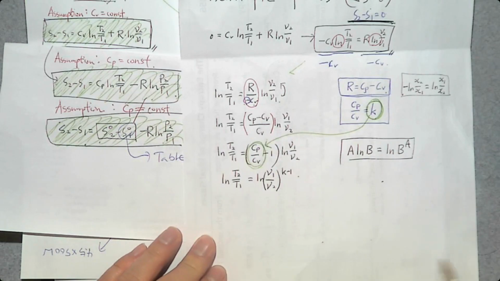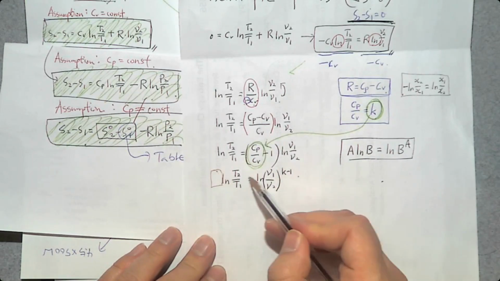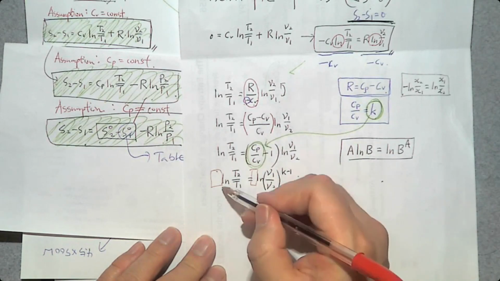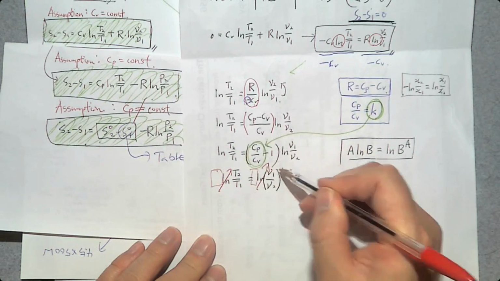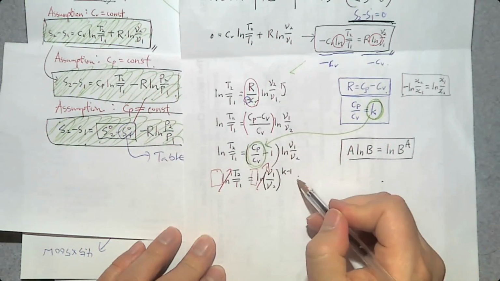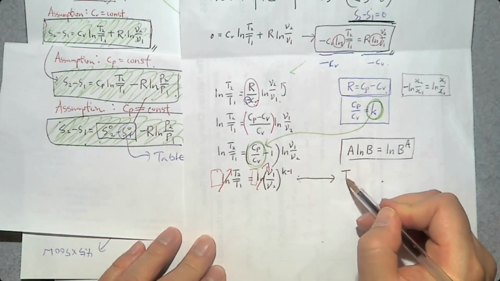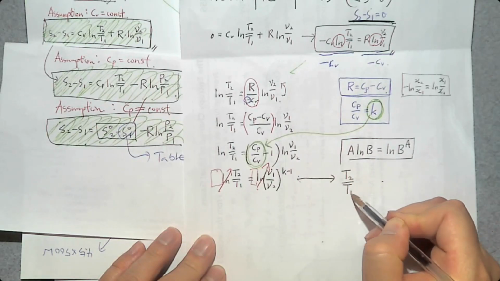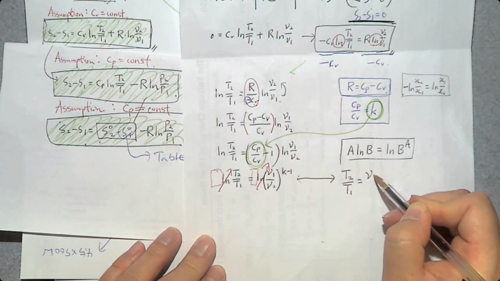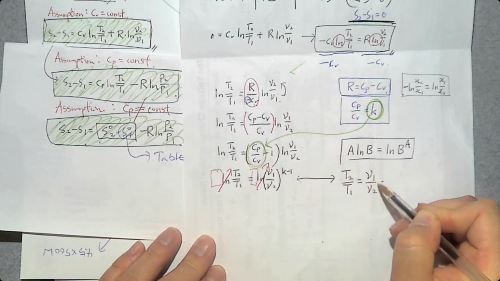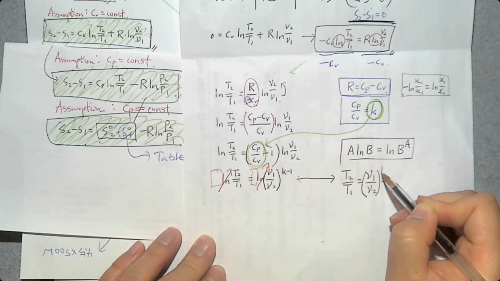Now, we have nothing in front of this natural log, nothing in front of this natural log. You can get rid of them. Then, what is the governing equation? T2 over T1 is going to be V1 over V2 to the power kappa minus 1.